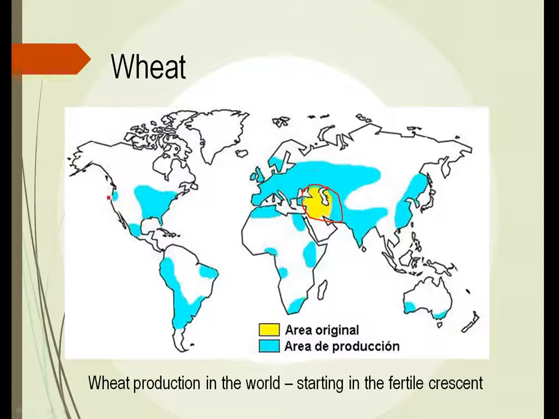And notice that wheat can be grown in semi-tropical areas such as Florida, areas of Mexico, and parts of Brazil, but it also can grow in much colder regions across the northern US and Canada, and across northern Europe and Asia.